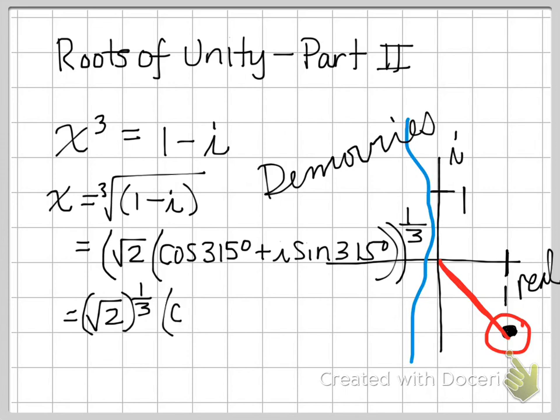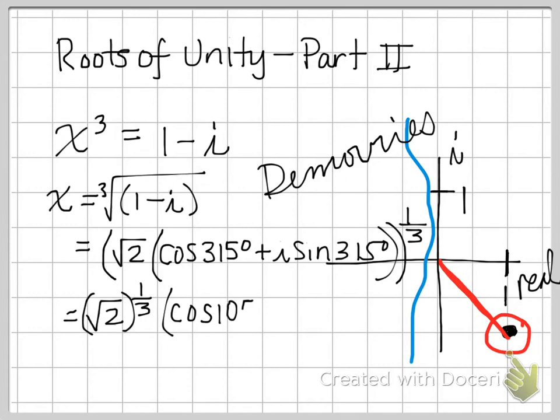And then here's the big question. Do you remember what happened next? This power, we multiplied it by that angle. So if you don't remember that, go back and look for de Moivre's theorem, or look for a place where you have in your notes that you raised a complex number to a power, and you'll see that. So let's do 315 divided by 3. That's 105.